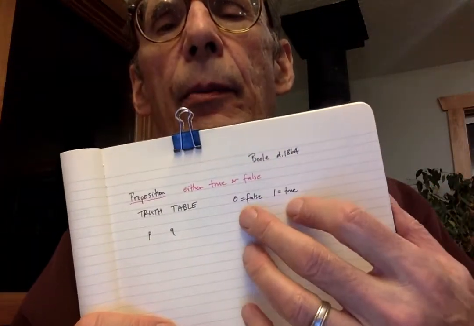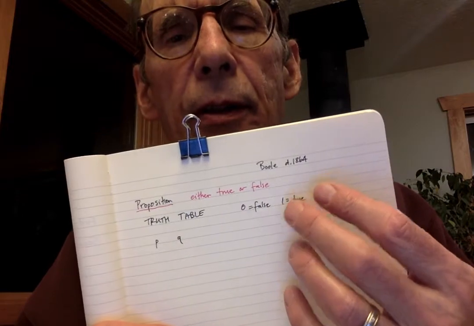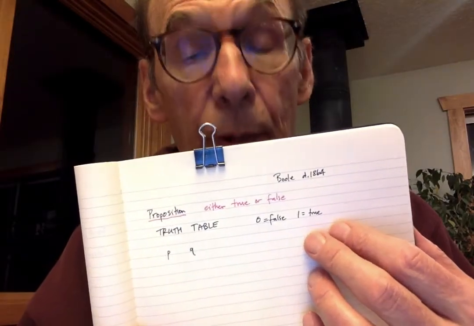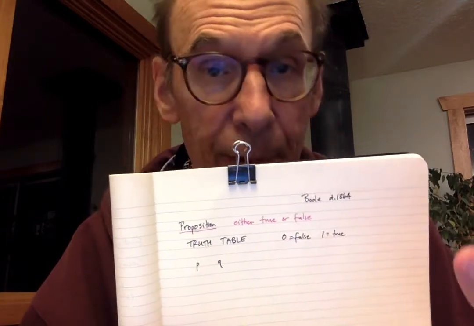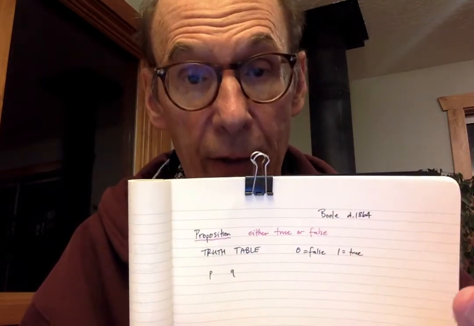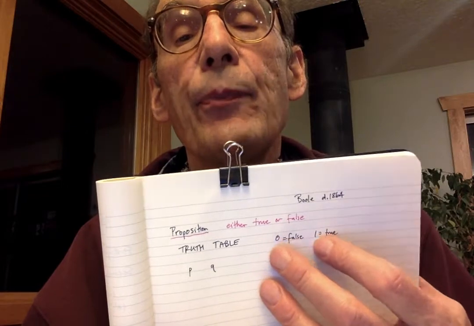In a lot of programming languages, 1 is true is also built into the language, especially in things that are derived from C, which would include C++ and Java and the like. So 0 is false and 1 is true. We have two possibilities for P, and two possibilities for Q. So there are four possibilities of how this truth table might be arranged.